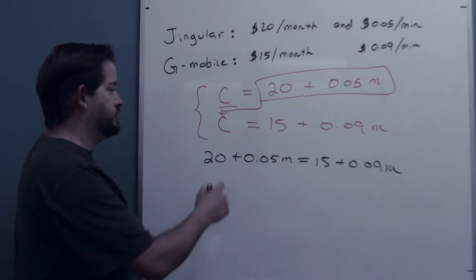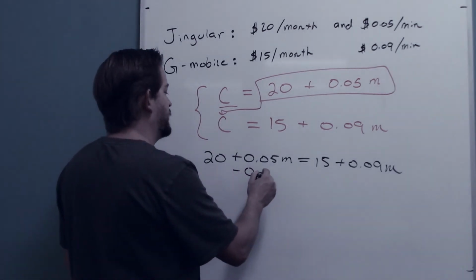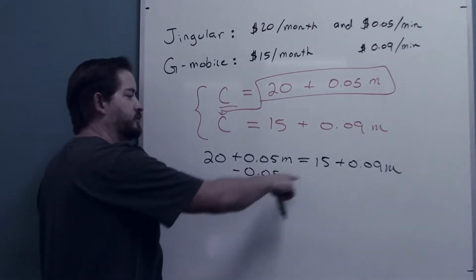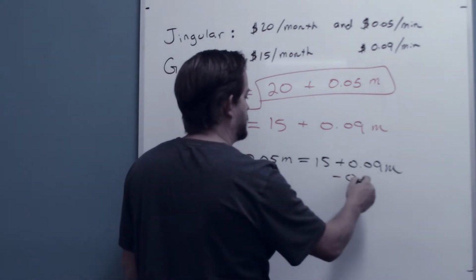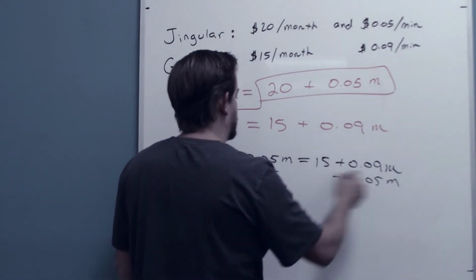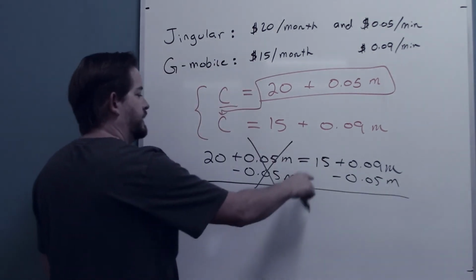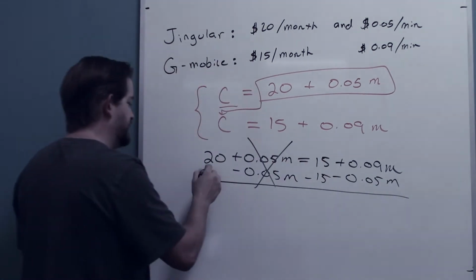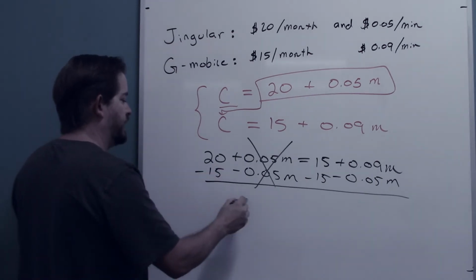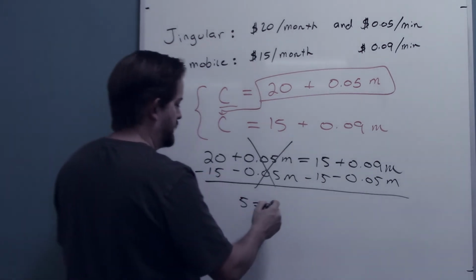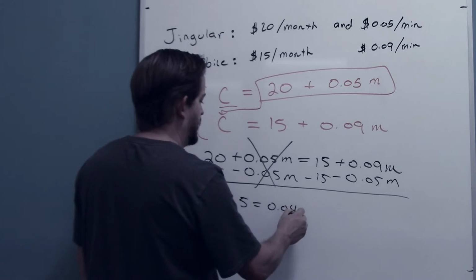But I want to solve this, so I'm going to move my m's to the right-hand side because 0.05 is smaller than 0.09. And since those are going to the right, I'm going to subtract 15 from both sides. So that gives me 5 equals 0.04 m.